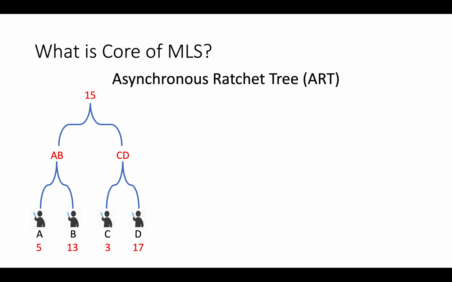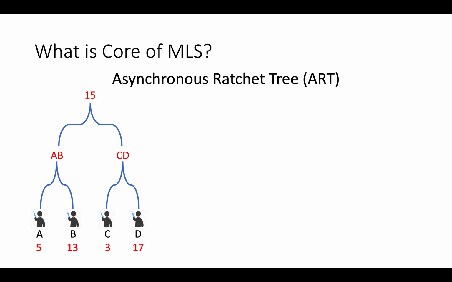Meaning A's secret will not be known to B, C or D. Still, the algorithm is designed in a way that each participant enters their secret and derives the same group key. For example, A enters secret 5 and derives group key 15. In the same way, B enters secret 13 and derives group key 15. And it is not necessary that users have to enter keys at the same time.